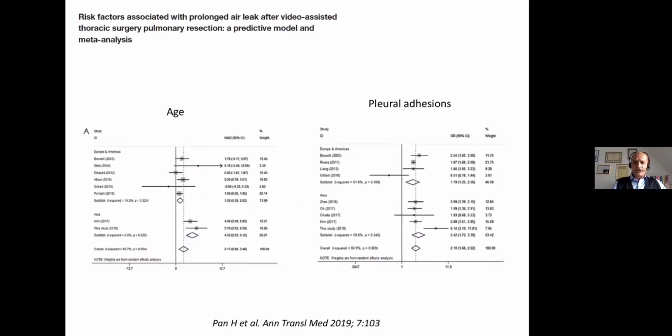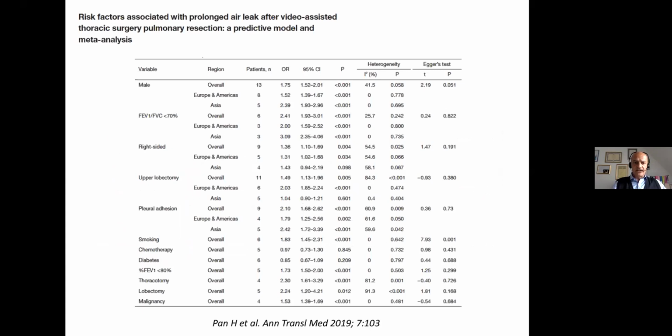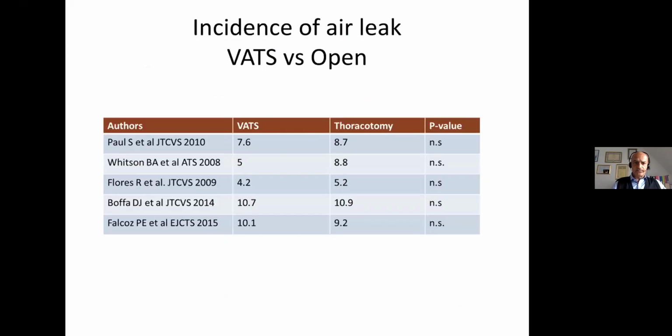Age and pleural adhesion as well, and you see all the other factors which we have seen before: right-sided, reduced FEV1 to FVC ratio, so COPD basically, thoracotomy over minimally invasive, although we'll see this is not consistent, and lobectomy over lesser resection.